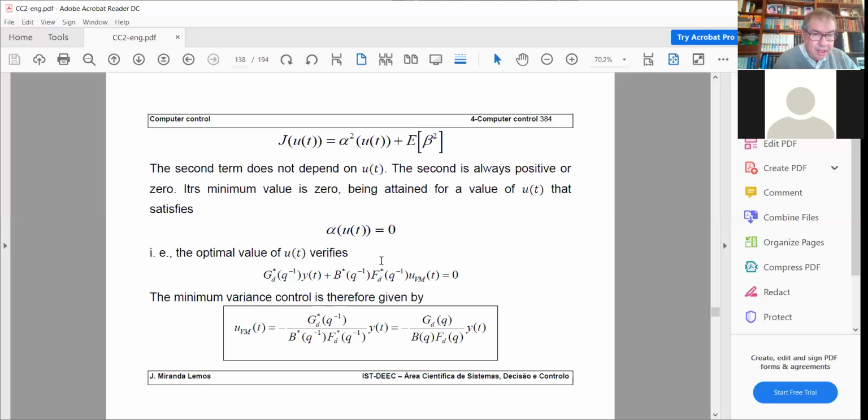So the optimal control verifies this expression here. And if you solve it with respect to U, this minimum variance control verifies this equation. So U is nothing more than filtering the output by G divided by B F.